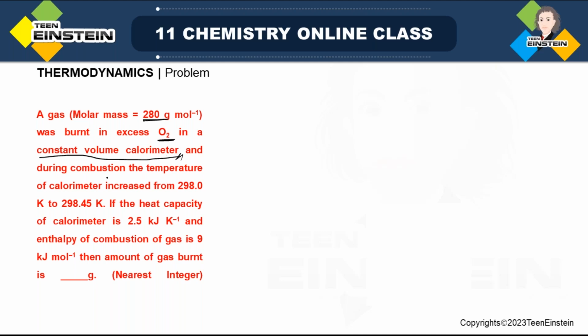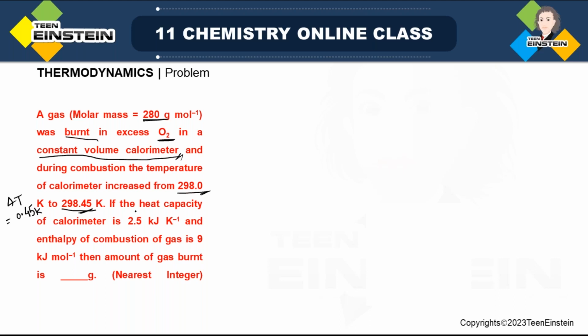Okay, and as it is burned in excess oxygen, that means it is basically a combustion reaction. Temperature increased from 298.0 up to 298.45. So the increase is basically very small. If you take the difference, del T is equal to 0.45 Kelvin.